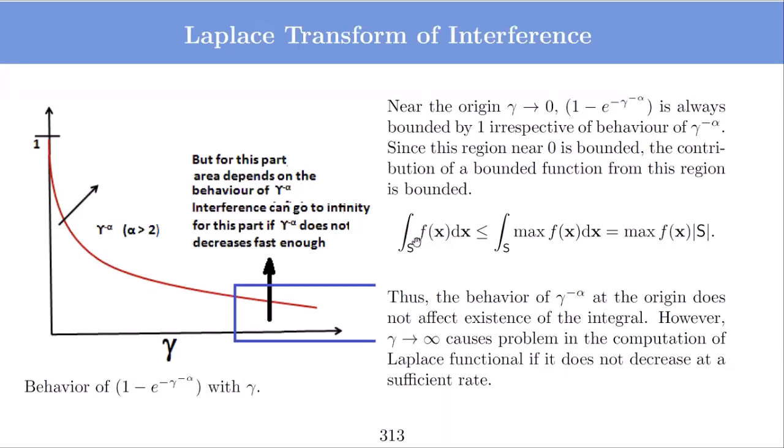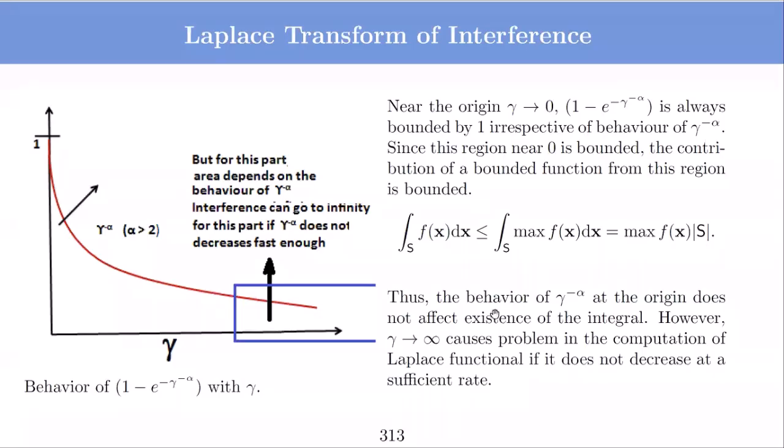If you take a small region and you integrate a function f(x) dx, this will be less than if you integrate the maximum of f(x) over this region. And if the maximum is bounded, then this is also bounded. So the contribution from points nearby is not a problem. So behavior near the origin is not a problem because it is bounded, and the region around the origin is of course small. So if you have a bounded function in a small region, the contribution is limited.